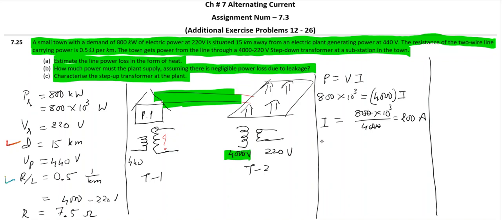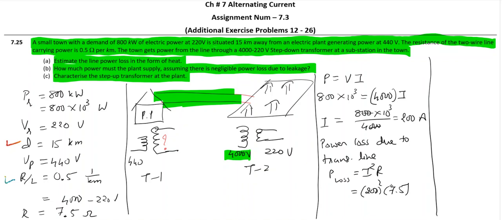And so the power loss due to transmission line is I square R. Look at the value, 200 square into 7.5. So I made one more mistake.